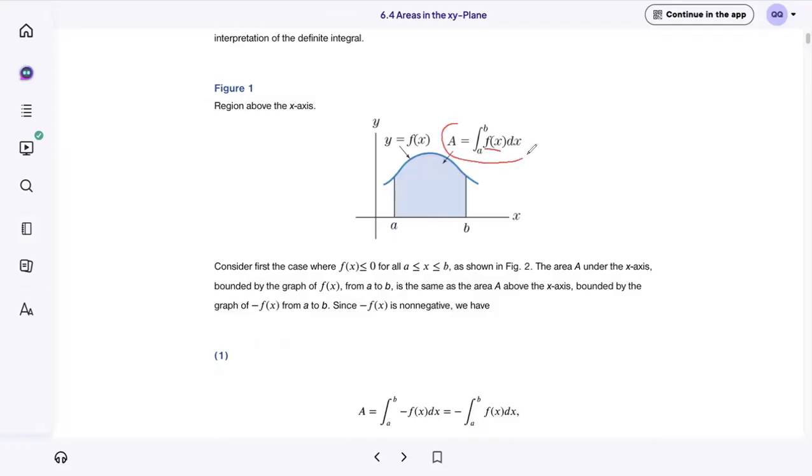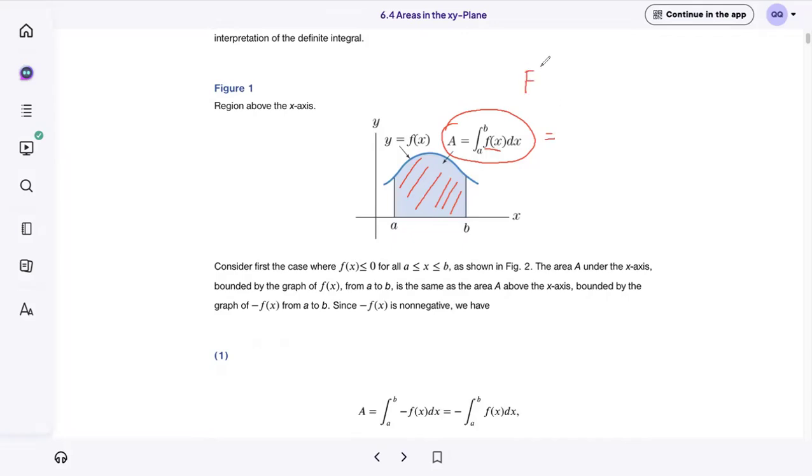So we talk about the area under the function, right? So the shaded region, the area, we could use integration. We integrate f of x from A to B. Remember that.